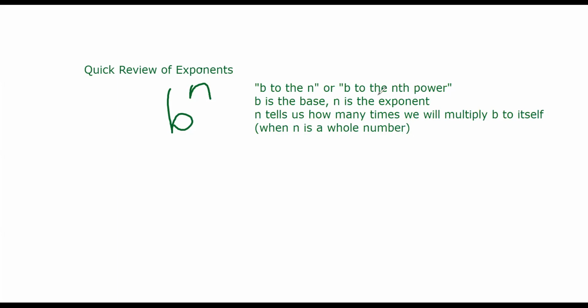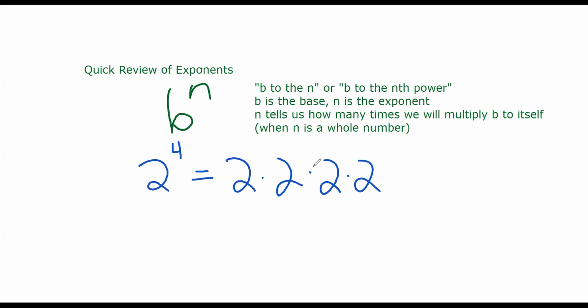For instance, 2 to the fourth, that means I take my base of 2 and I multiply it to itself so that it shows up 4 total times. You could argue I'm only multiplying 3 times. 1, 2, 3. But when I say 4 times, I mean how many times does it show up? 1, 2, 3, 4.